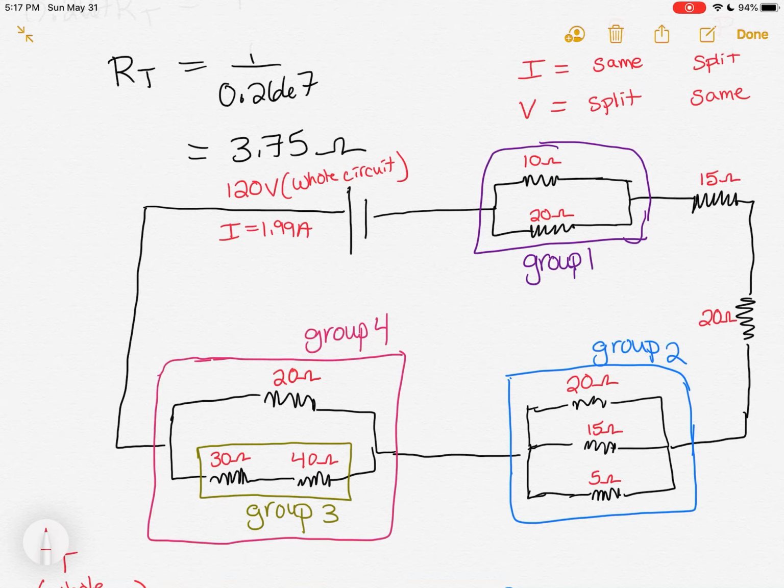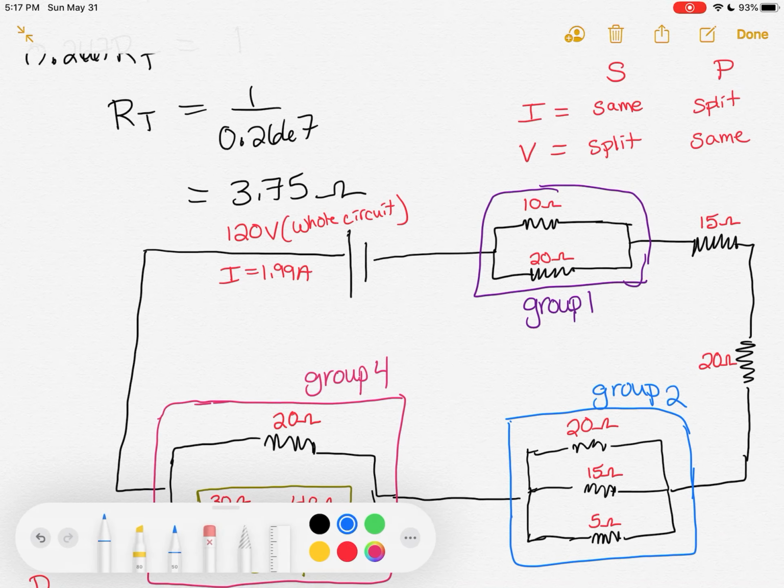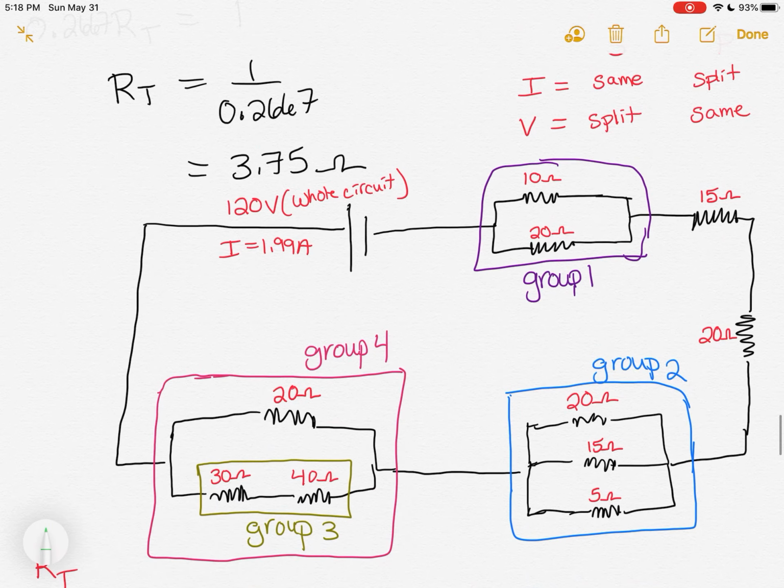Okay, so if we look at our entire circuit together, okay, we have 120 volts and we have 1.99 amps, okay? Since current is the same through series, that means that the current, I think I'm going to write in green because I haven't really been writing in green.